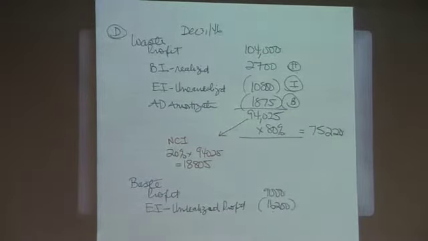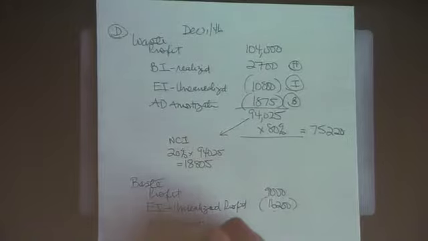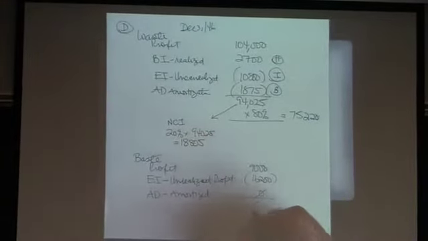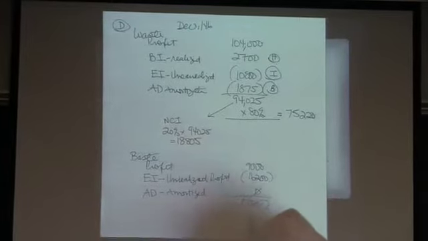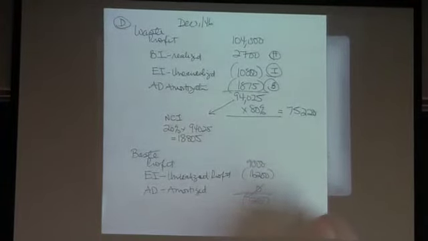And what about the amortization, you guys, of AD? Well, there is none, right? So there's no AD amortization because goodwill was already written off, if you remember. Times 80% gives me minus 5,400.